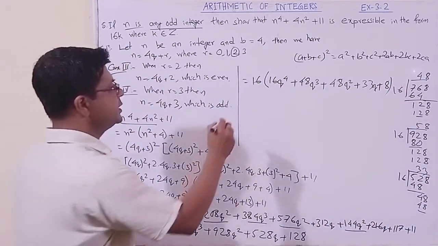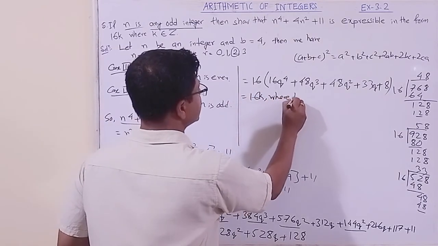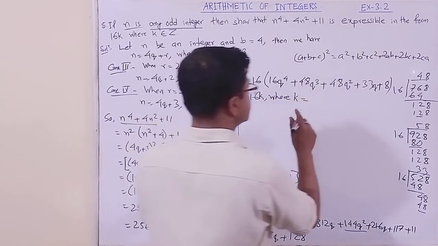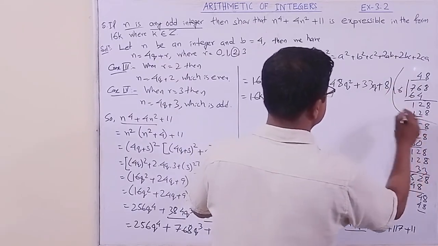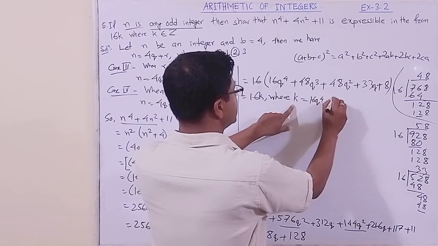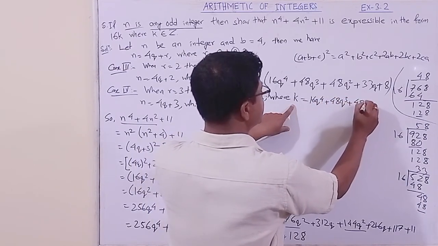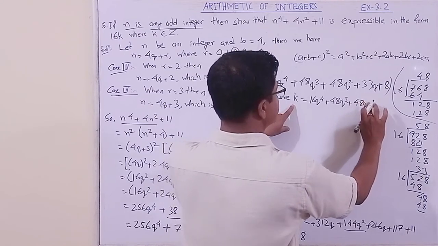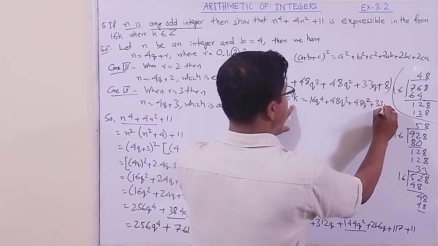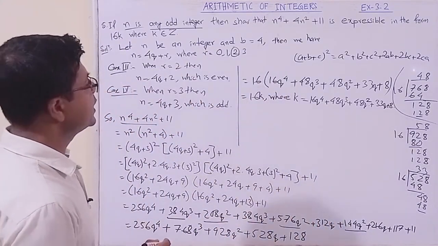So this is 16k, where k is this long expression. So it is 16q to the power 4 plus 48 q cube plus 58 q square plus 33q plus 8. In this way we can write that.